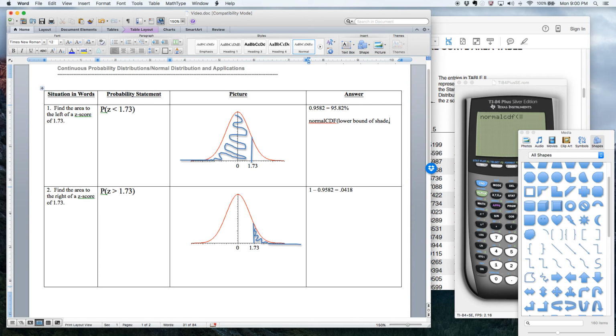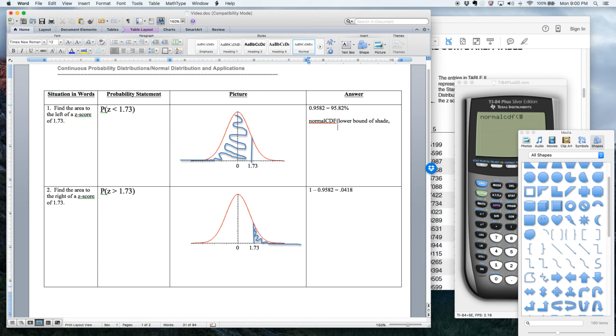What does that mean, the lower bound of shade? When you look at the shaded region, there's a boundary on the left-hand side, and there's a boundary on the right-hand side. In other words, two numbers that describe from what number to what number is this shaded region. So the first input it needs is the lower bound of shade. The second input it needs is the upper bound of shade.